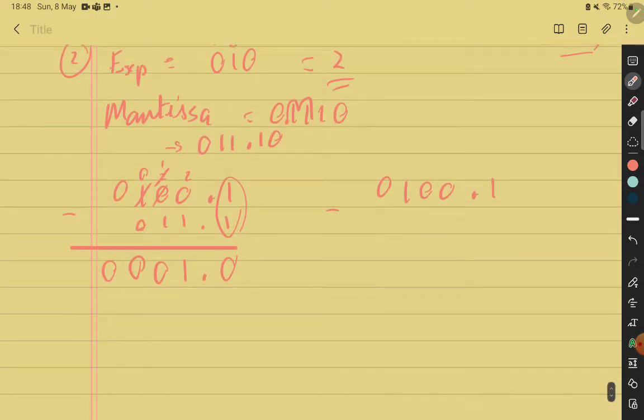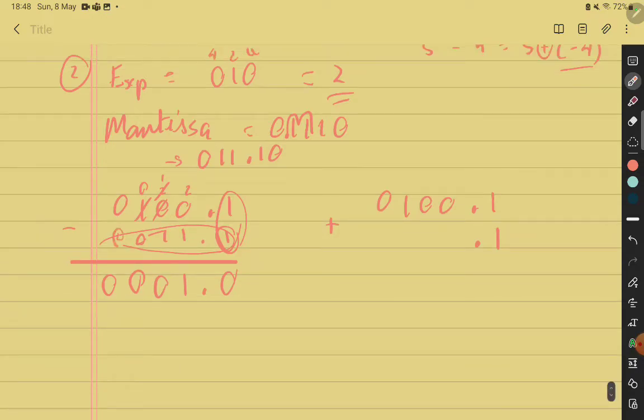Instead, we can convert it into a plus and convert the number into its 2's complement form. We hold the first 1 so it keeps there, then we shift the rest, so it would be 0, 0, 1, 1. Don't forget we need to have the same number of digits for both of them so that the 2's complement subtraction can go through.